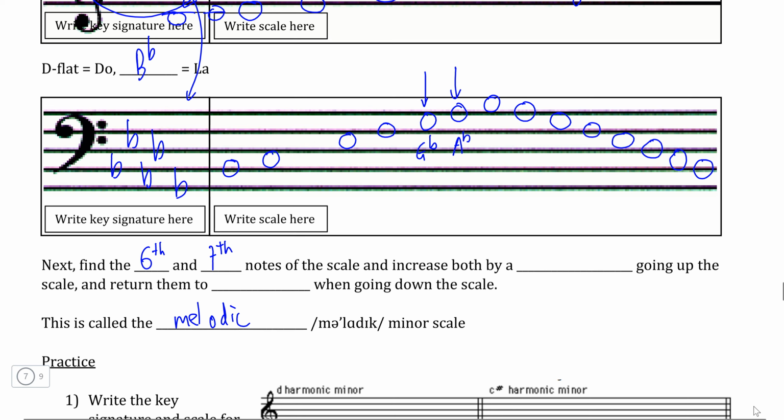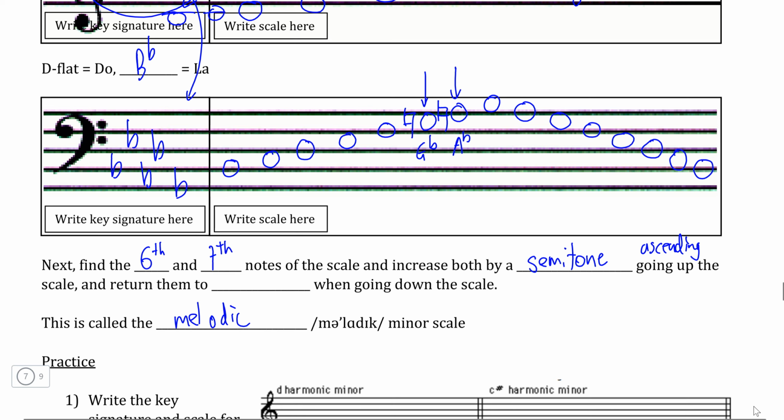Now, in order to create the melodic minor variation, on the ascending part of the scale, we increase the 6th and the 7th scale degrees by a semitone when the scale is going up. So G flat becomes G natural and A flat becomes A natural.